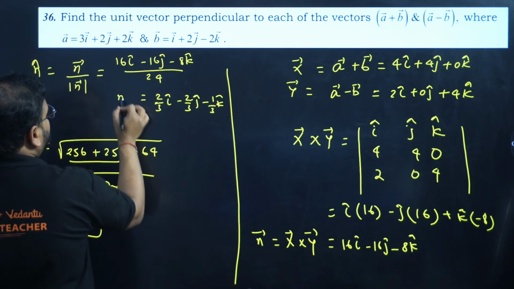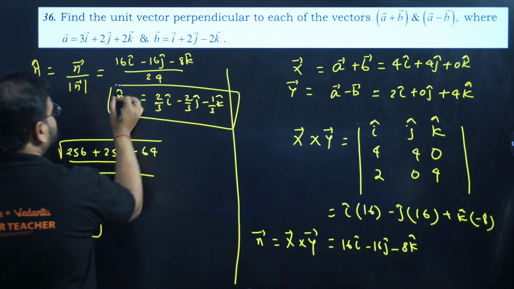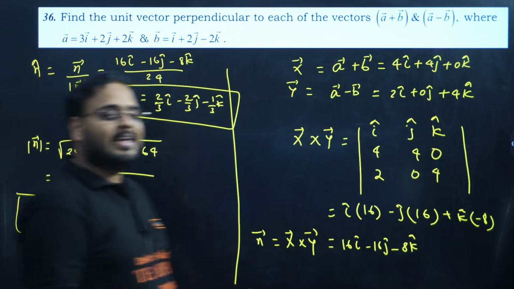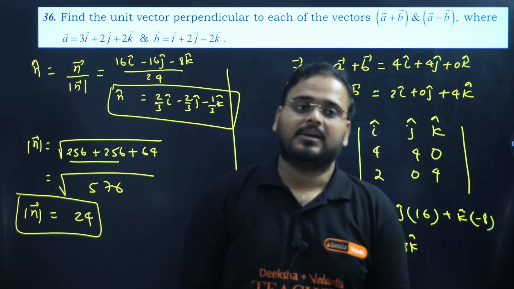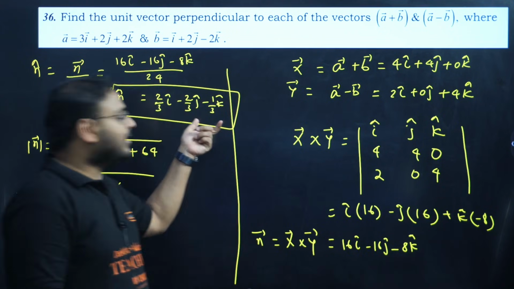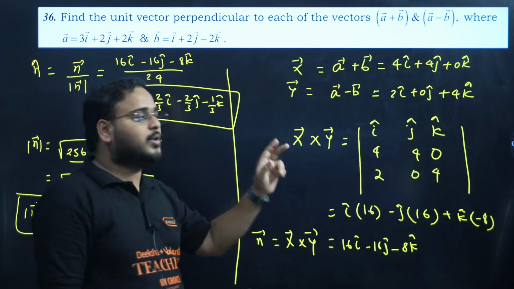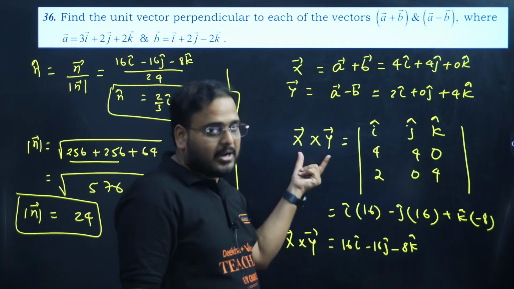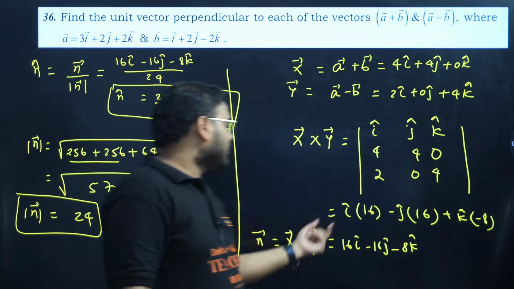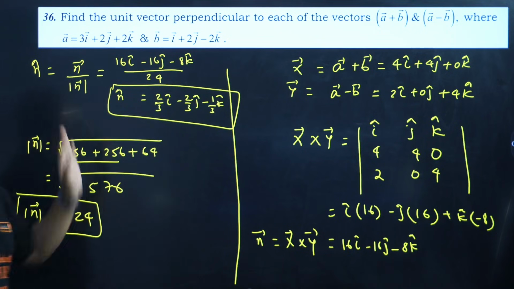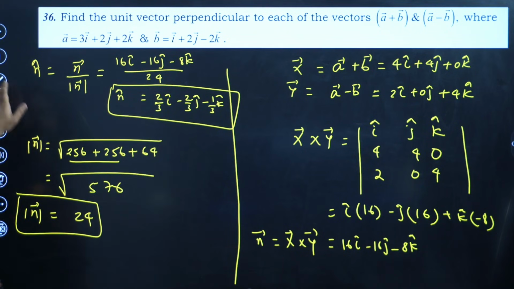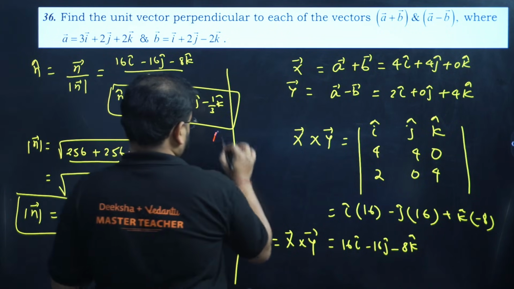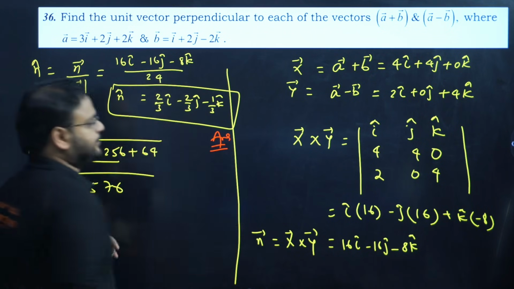This is your unit vector perpendicular to a plus b and a minus b. This is the vector n cap. This is your answer.